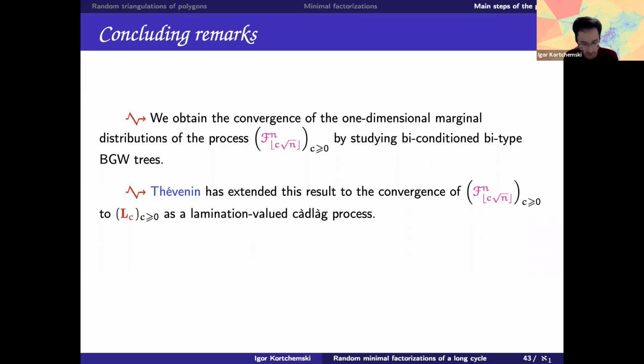In particular, he coupled the different LCs on a common probability space and proved convergence in the space of lamination-valued Cadlag processes, using different tools in connection with percolation on random trees and the Aldous-Pitman fragmentation of the CRT. A sort of planar version of the Aldous-Pitman fragmentation.